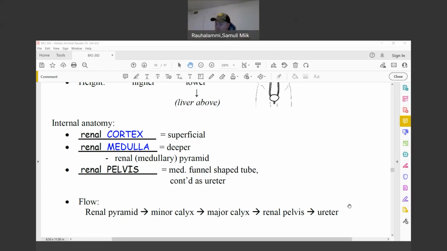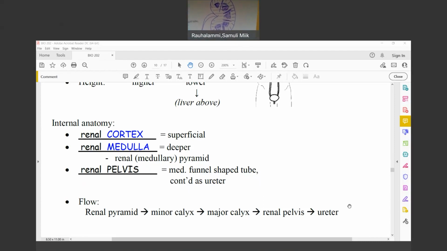And these are what we know as our renal pyramids. So these are the darker medullary structures within the kidney. And the space between the renal pyramids, which is going to appear paler in color, will be known as our renal columns.